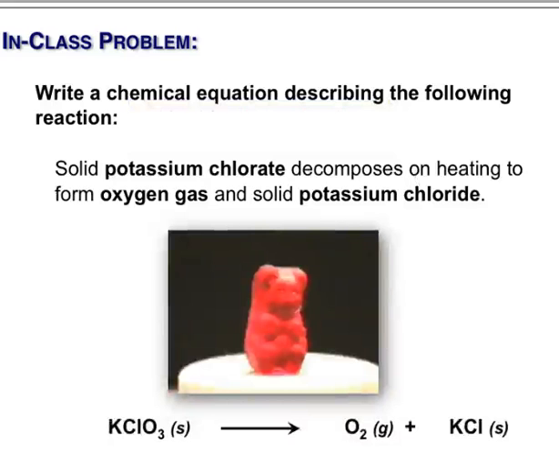But here's another thing that's fun that you also can't do in lab. Same sort of experiment. Again, we're going to take potassium chlorate and heat it to make oxygen and KCl. Instead of sticking a wooden stick down the tube, this is a gummy bear.